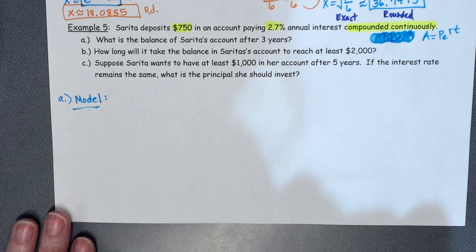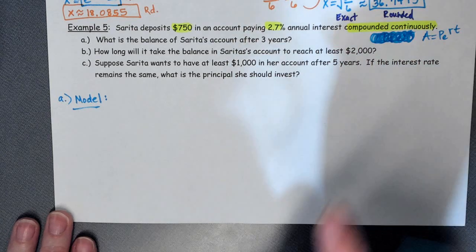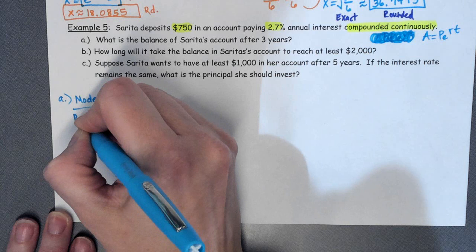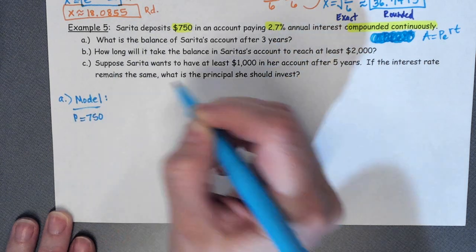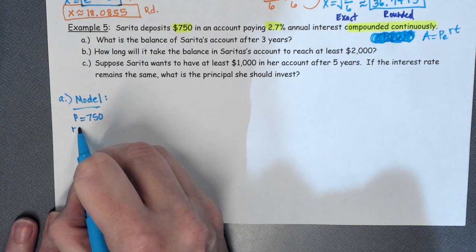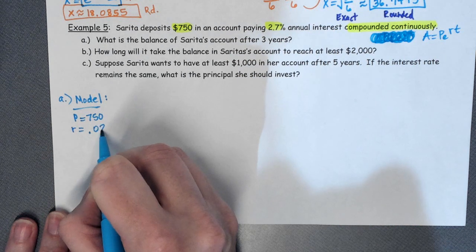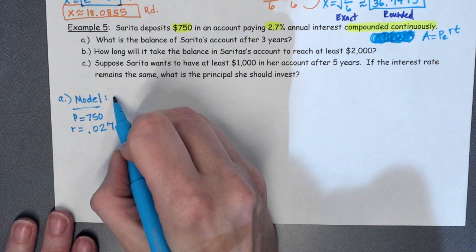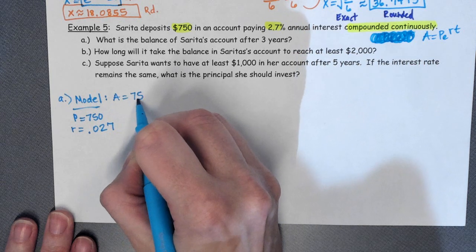It's an equation that models the situation. So we're going to plug in our values. 750 is what? Yep, which is the value of P. 2.7 is going to be the rate, and we're going to write it as a decimal. And then the model itself, that's all you need. So this is just the model.